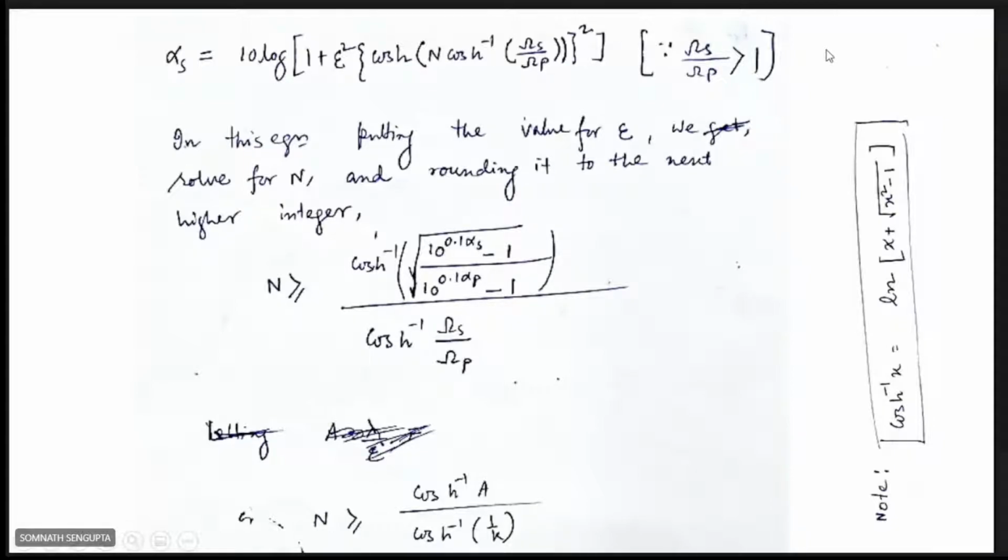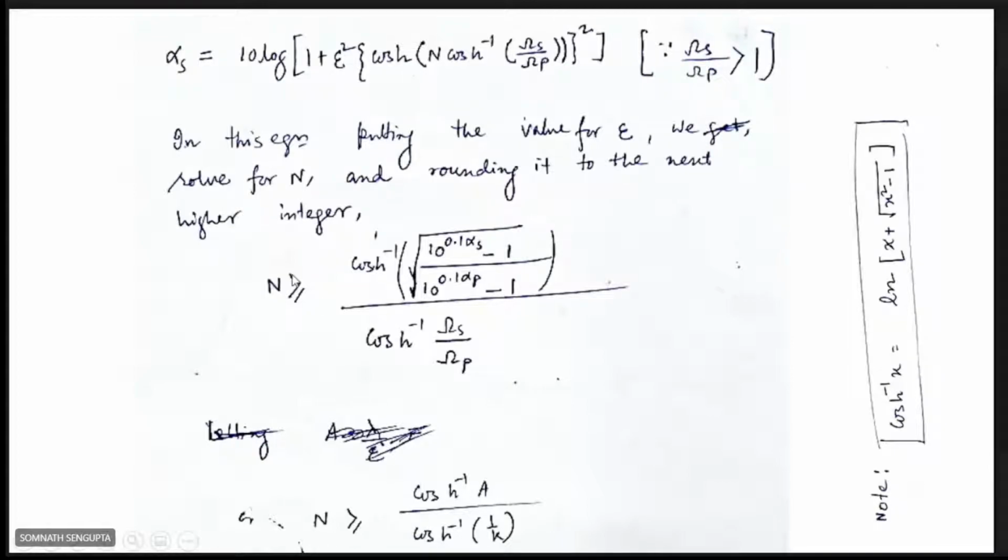Now in this equation, putting the value of epsilon, we solve for n and round it to the next higher integer. So your formula becomes, here the term n is there, so from here we get the cos hyperbolic term.